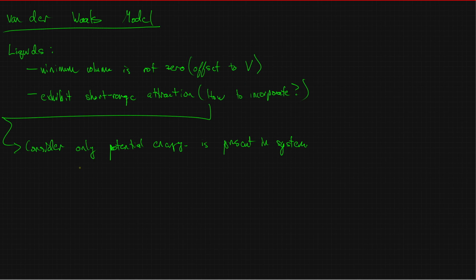So that's where we're going with this. We want to see how the potential actually behaves when we scale things in the system. So what will it do? Well, if we double the density, then each particle in the system will have twice the neighbors.